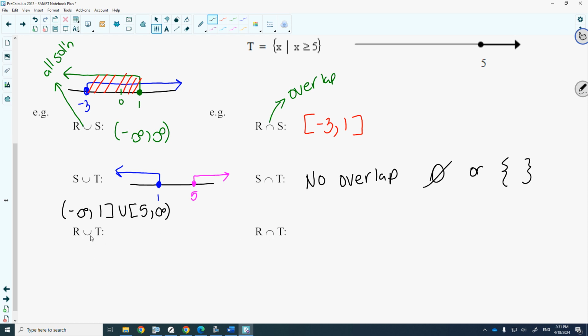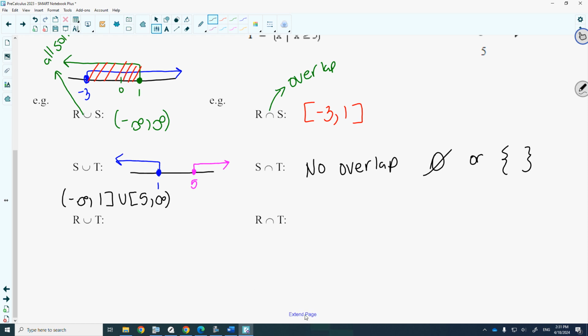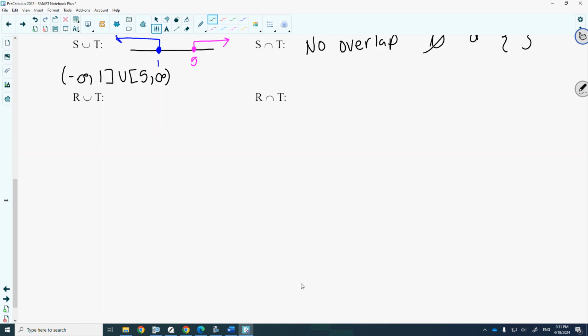Put R and T on a number line, do all solutions for the union, and do the intersect for the overlap for the intersection. So on a number line, R and T. R is greater than or equal to -3, so here's -3, -3 is included, and it's greater than or equal to -3.